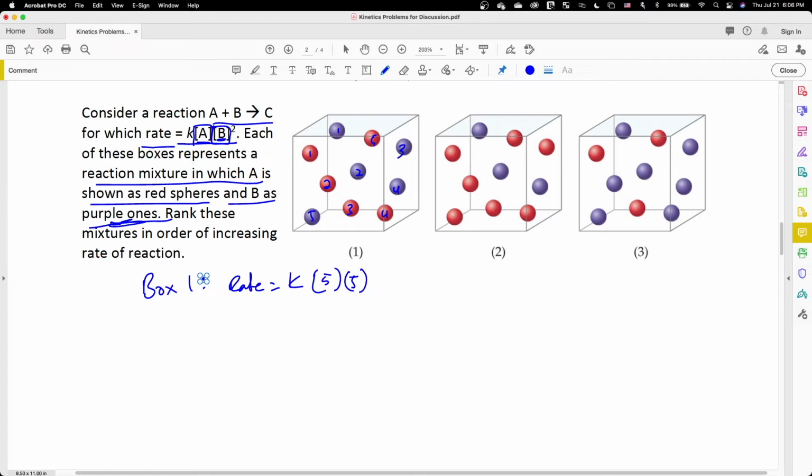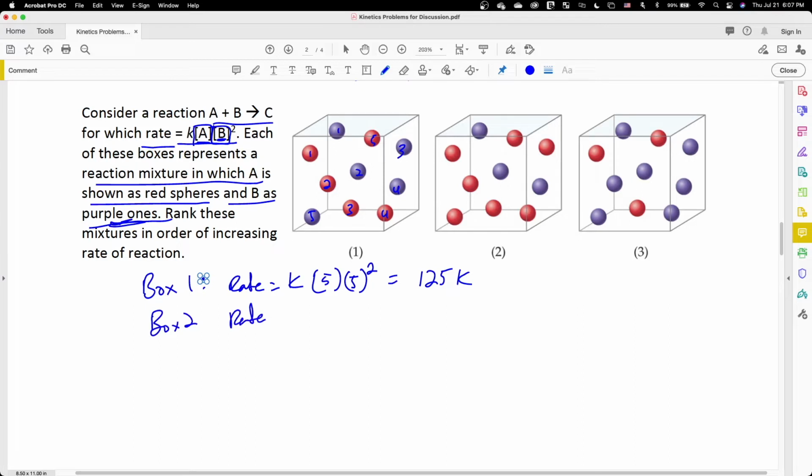So that's k times 5 to the second for B, because the reaction is second order with respect to B. When we do that, we get 125k.